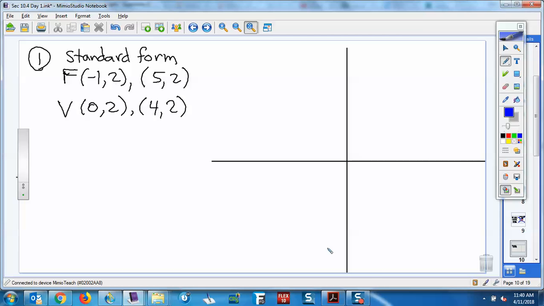See how many different things you can figure out. So let me just put a couple things on here.